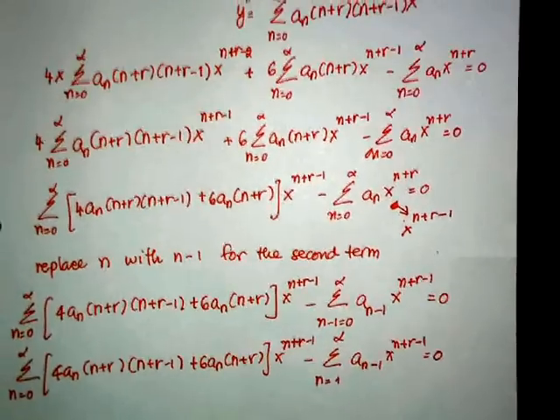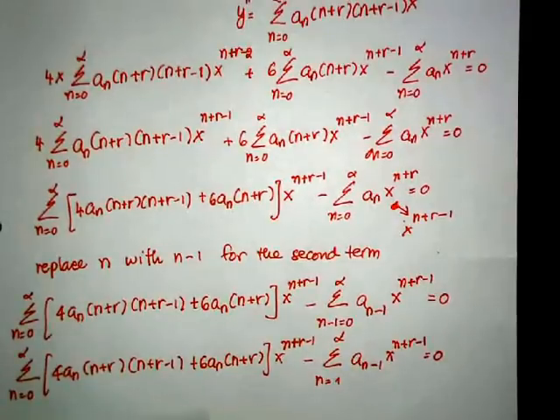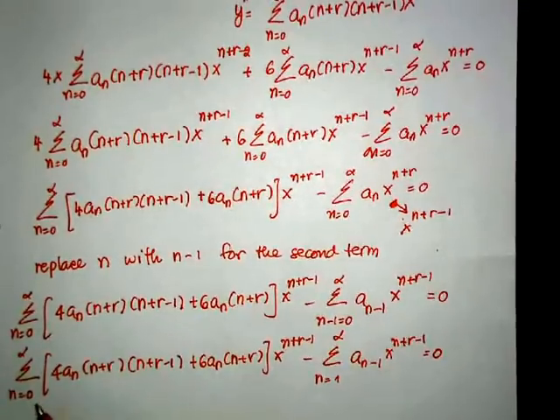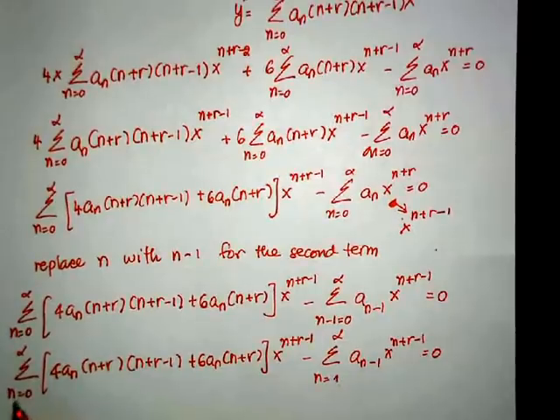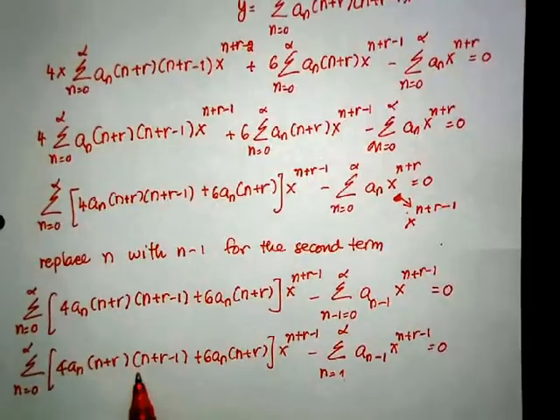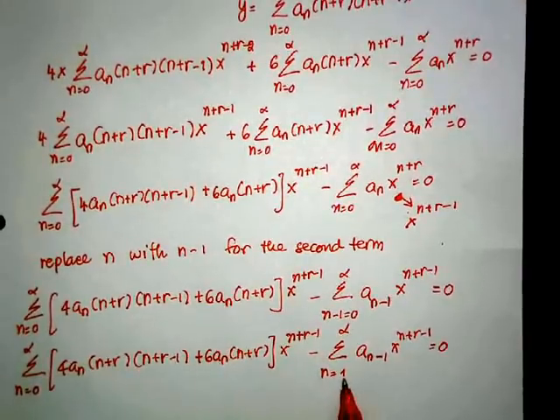We cannot combine these two terms together unless we make this n start with the same one as the second term. So that means we are going to separate out n equal to 0 for the first term, right? Because the second term starts with n equal to 1, but this one is still n equal to 0. So we have to plug n equal to 0 into this term and then put the rest as a summation n equal to 1 to infinity, and then we can combine the first and the second term together.